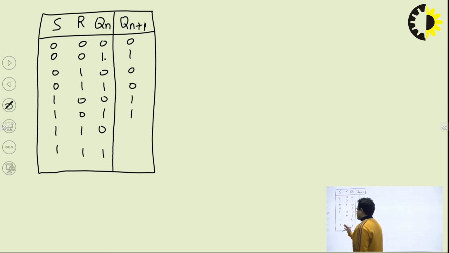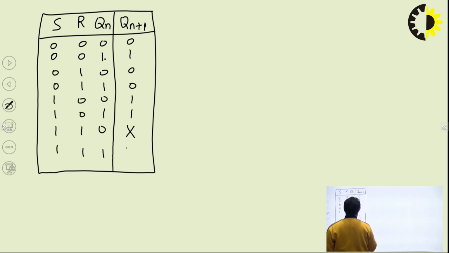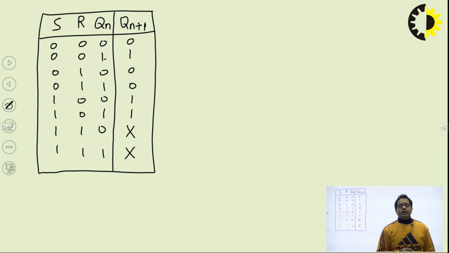Now the last case, 1 1, when both S and R are 1. In that case, as we discussed in the truth table, this is treated as an invalid state. So for these two outputs we will write don't care, that is the invalid state. So in this way we can easily draw the characteristic table of an SR flip-flop.